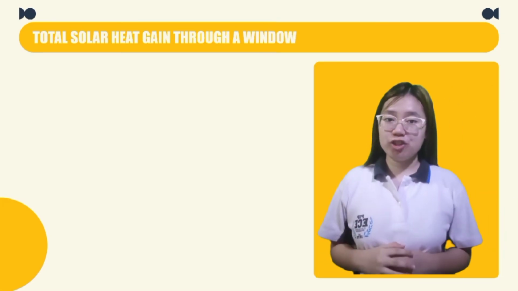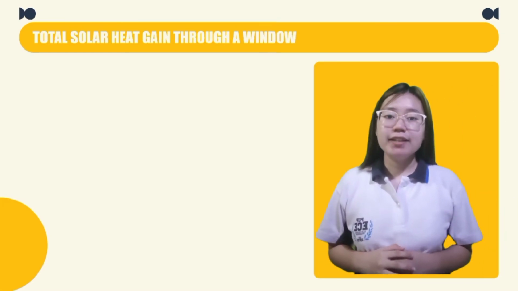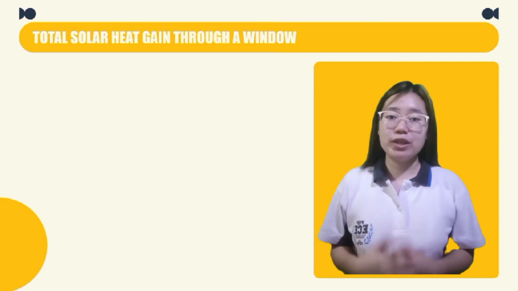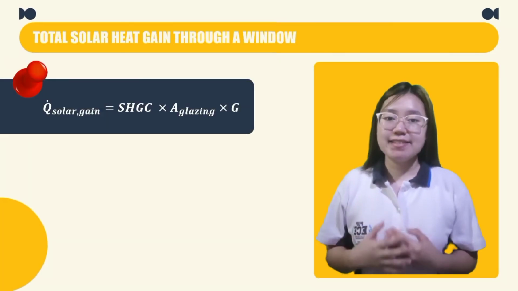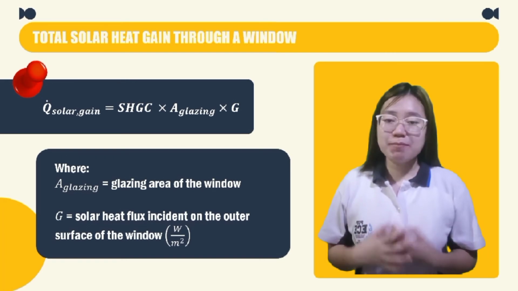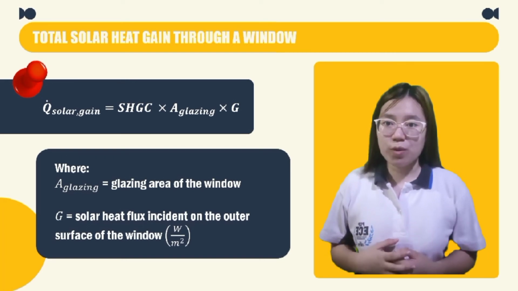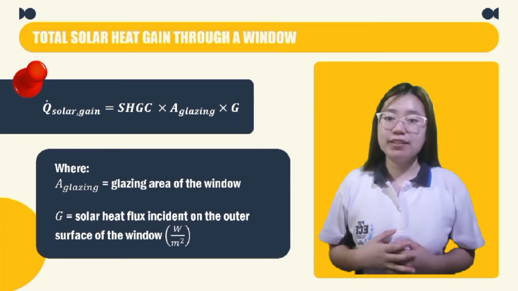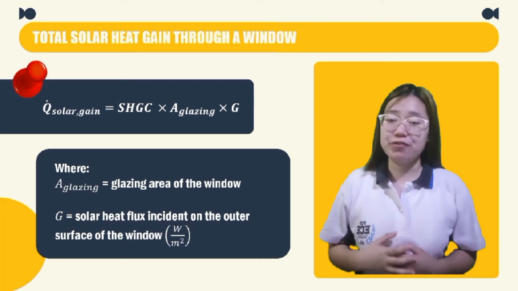Moreover, if the SHGC of a window is already known, the total solar heat gain through that window can be determined by SHGC times A_glazing times G, wherein A_glazing is the glazing area of the window and G is the solar heat flux incident on the outer surface of the window.